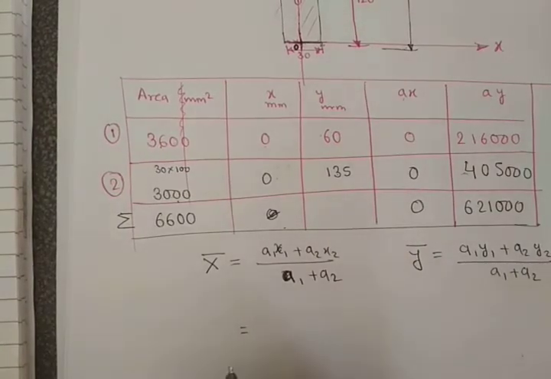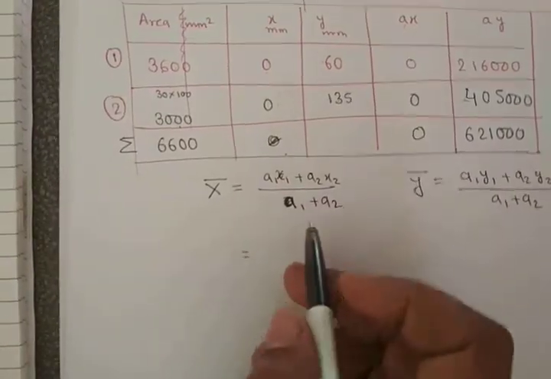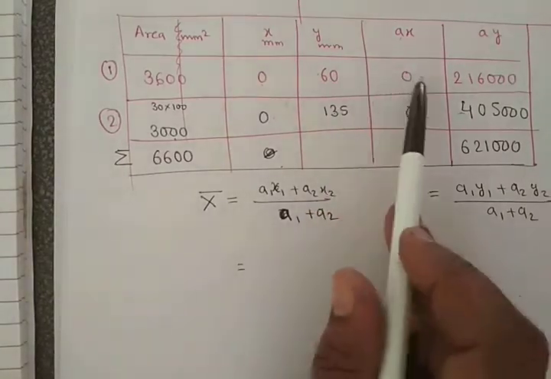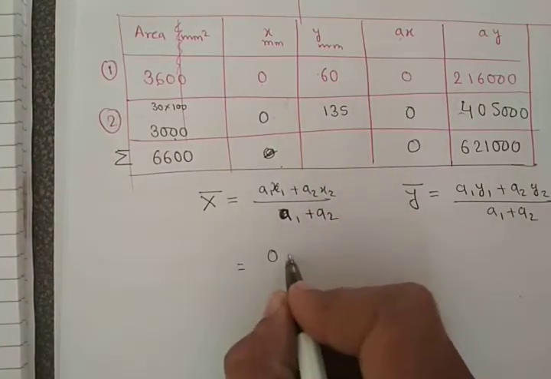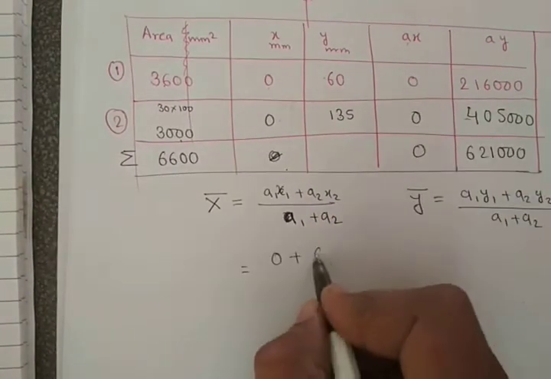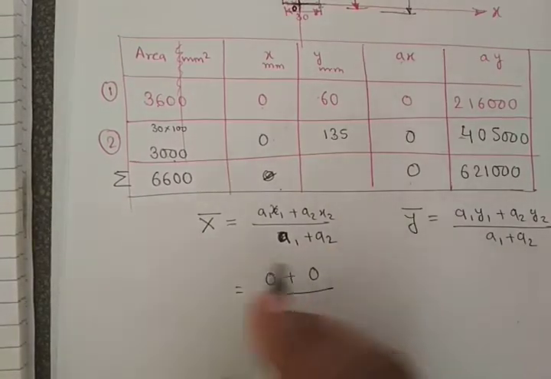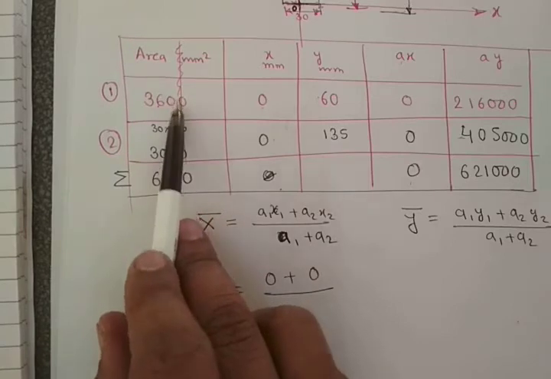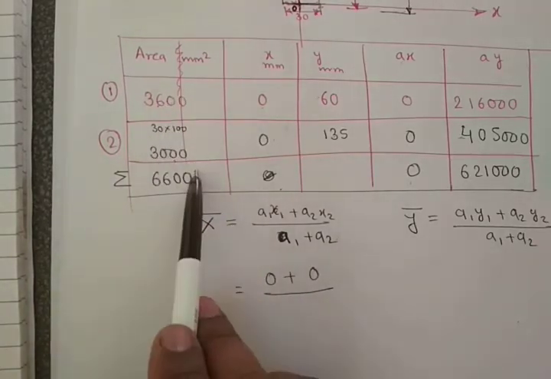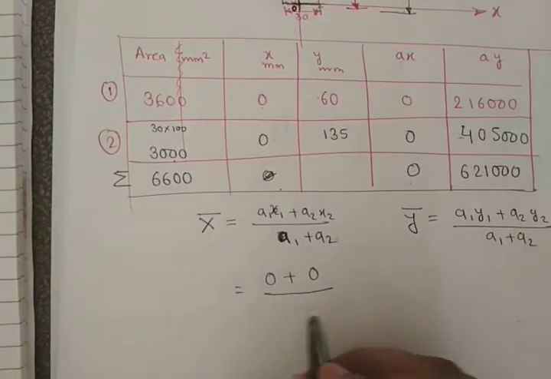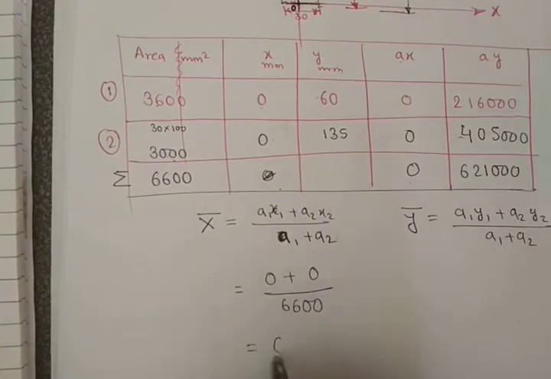Now first I'll find this one. What is a1 x1? a1 x1 is 0 plus a2 x2 is 0. Summation of both values is 0, and for a1 plus a2 we directly got the summation, no? So I will write 6600. So this becomes 0. So x bar is 0.